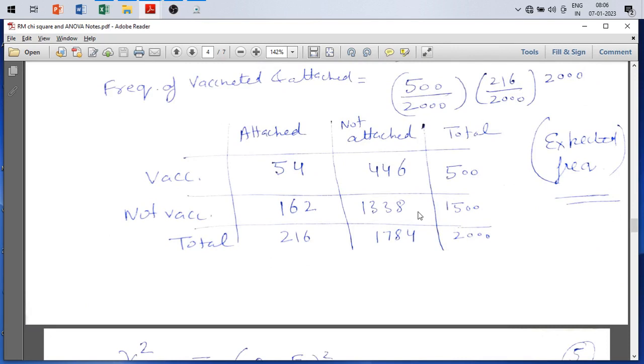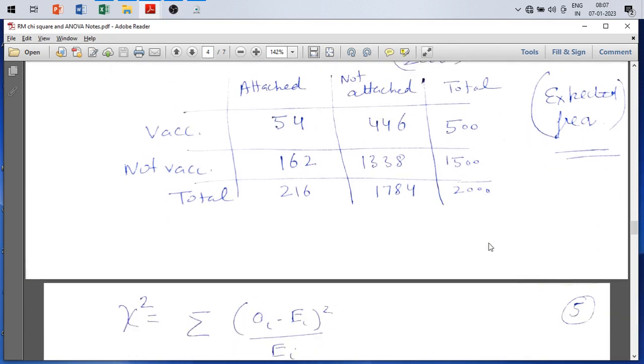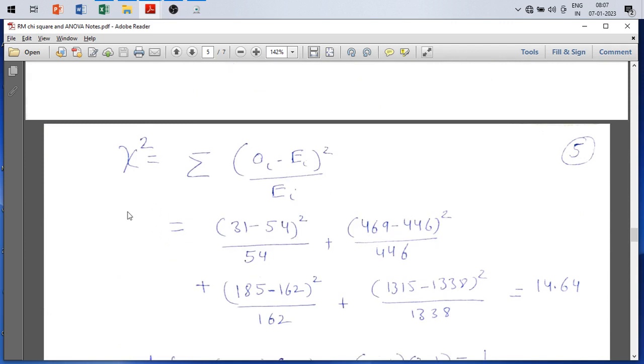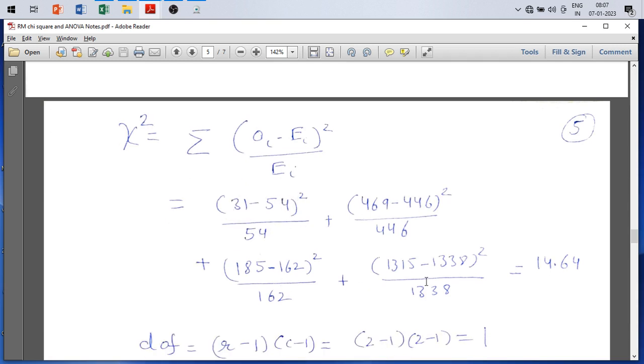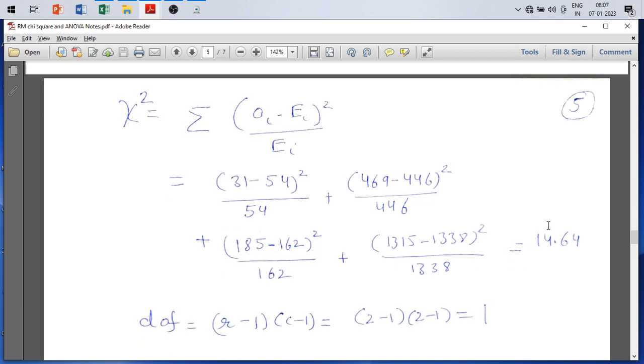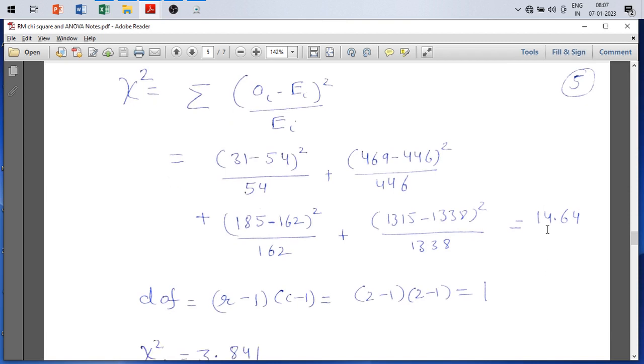So now we have observed frequencies and expected frequencies. So we can calculate the chi-square statistic. Chi-square statistic is the summation of observed minus expected, squared, over expected, and we have four values here. It was a 2 by 2 table. So just add those things and we get the chi-square statistic as 14.64 here.